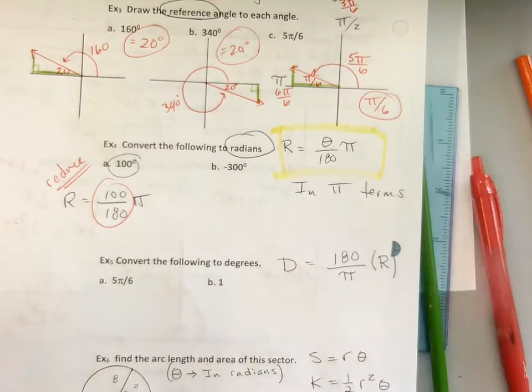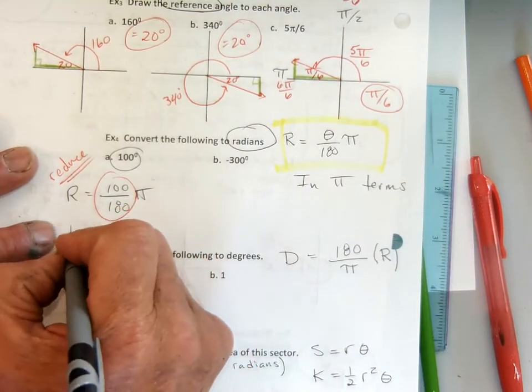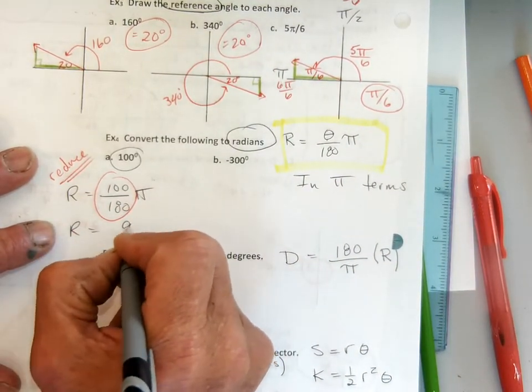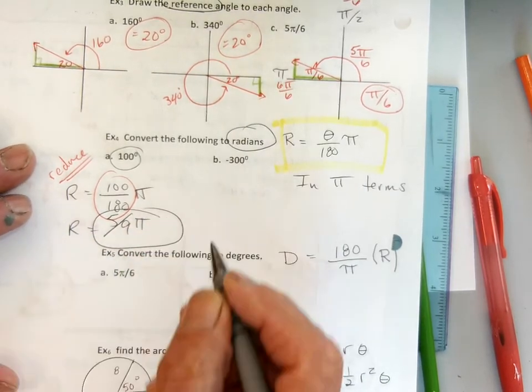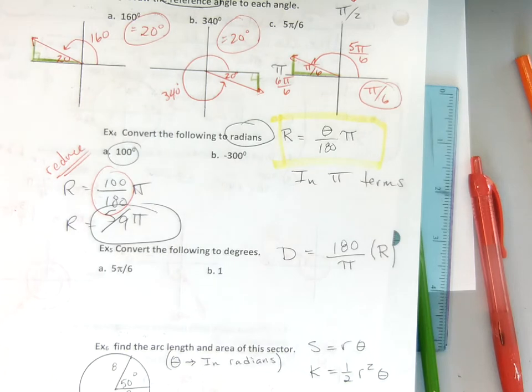So it becomes 5/9 pi. These two are the same angle, same spot, different name: 100 degrees and 5 pi/9. Same angle, same spot, different name. This also gives me the arc length.